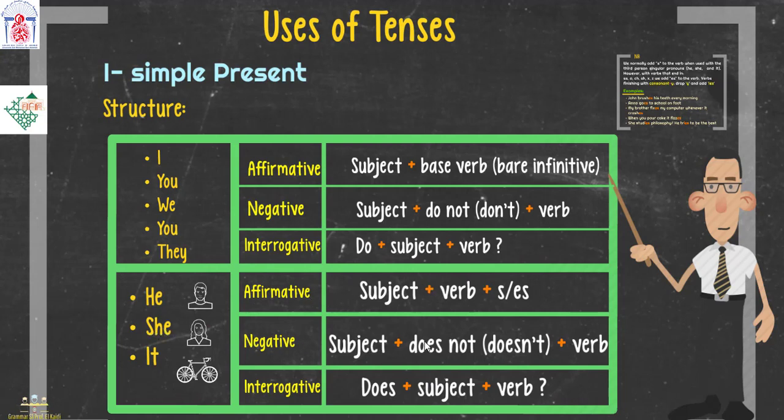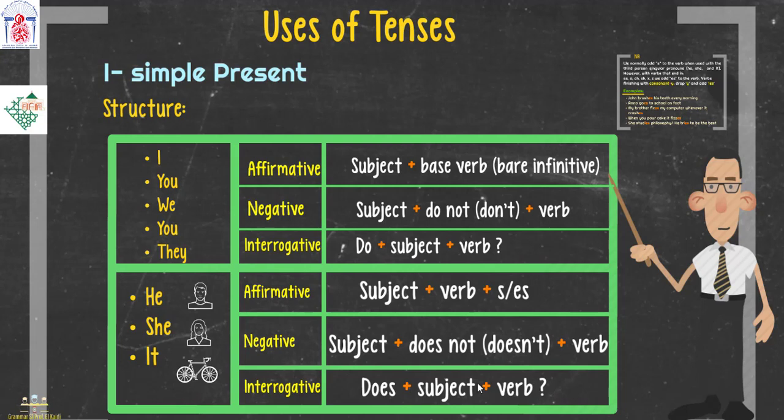Negative: subject plus does not or doesn't plus verb. He doesn't walk, she doesn't walk, it doesn't walk, right? Interrogative form: we have does plus subject plus verb, and of course a question mark. Does he walk?